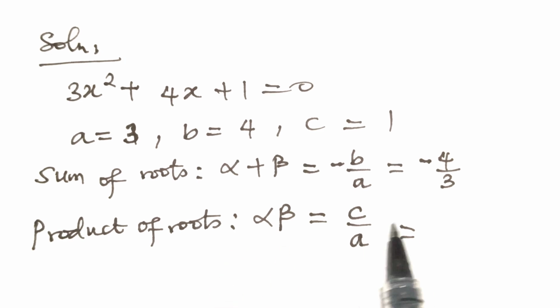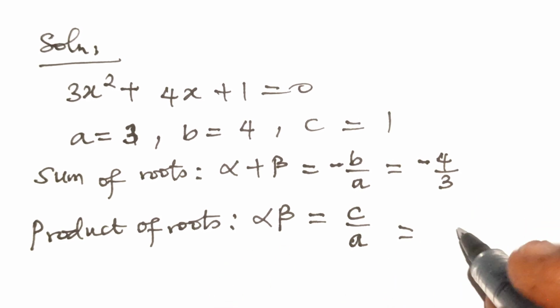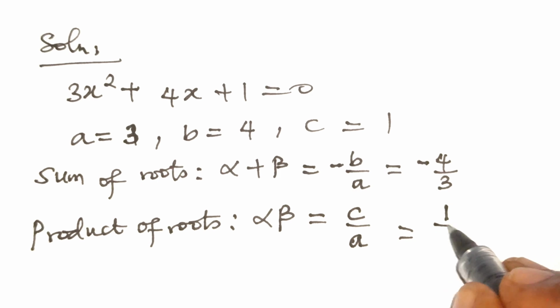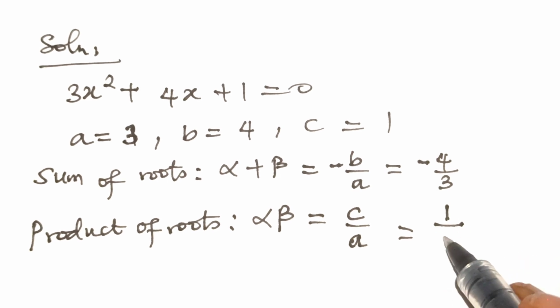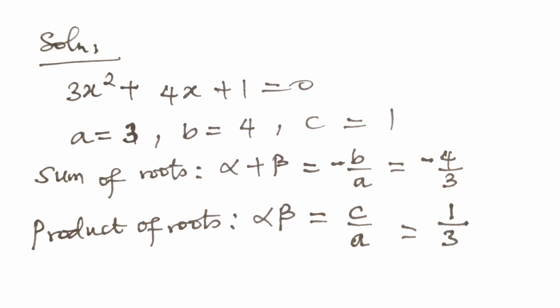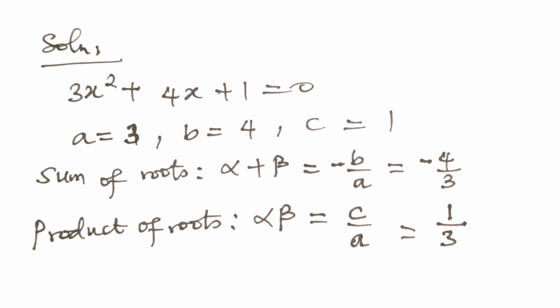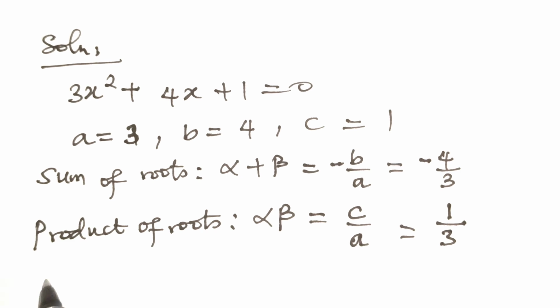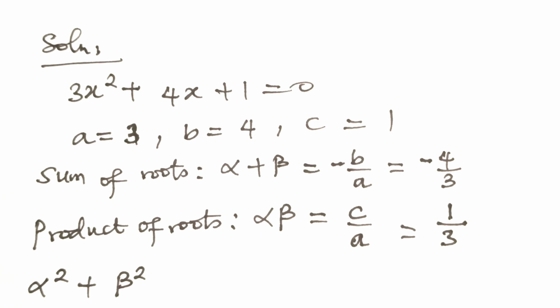So product of roots c over a, we have c is 1 over a is 3. So we already have the sum of roots and the product of roots. Now let's find alpha squared plus beta squared. That is the sum of the roots that are alpha squared and beta squared.